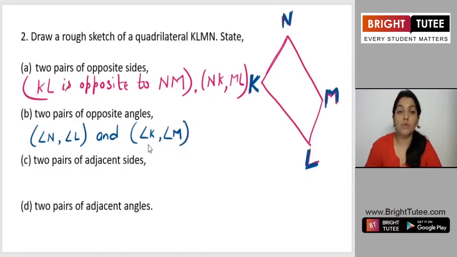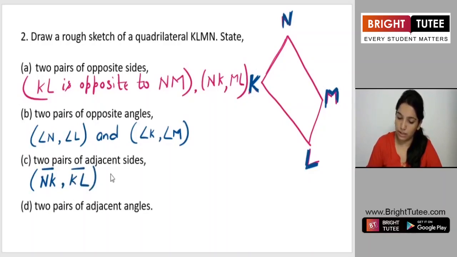Now talking about two pairs of adjacent sides, that is the sides sitting side by side, right? So adjacent sides to the side NK, a side sitting next to it is KL, or if you want, I can write for the same one, NK, and to NK we also have NM.